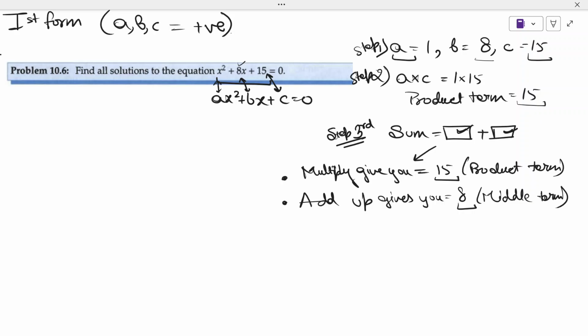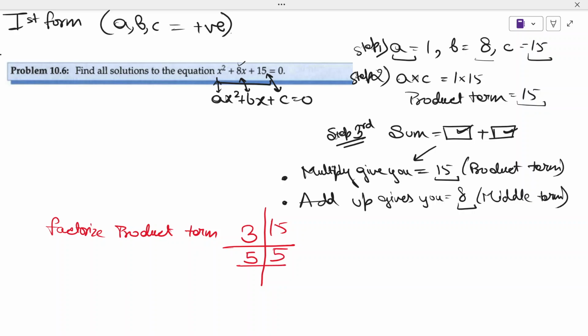Now how can you find these two numbers? Use factorization. You have to factorize the product term. 15 factors: 3 multiply 5 is 15, 5 multiply 1 is 5. These two, 3 and 5, are the factors of 15.